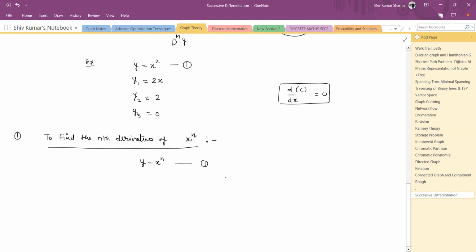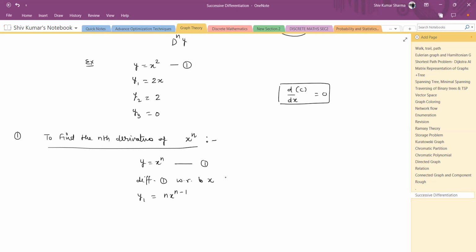As we do in simple differentiation, we differentiate with respect to x, and we note y1. So y1 is equal to n x raised to the power n minus 1. You know the formula of differentiation.